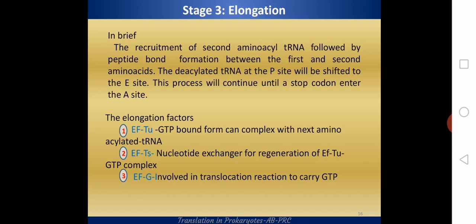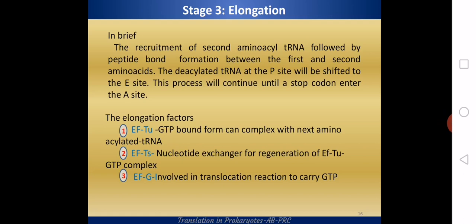Again, these are G proteins with GTPase activity, and EF-Tu usually exists bound to GTP, and it can complex with the next aminoacylated tRNA. That means this is the counterpart doing a similar function as done by IF2. IF2 was recruiting the first aminoacyl tRNA to the P site, and here EF-Tu will do the same function.